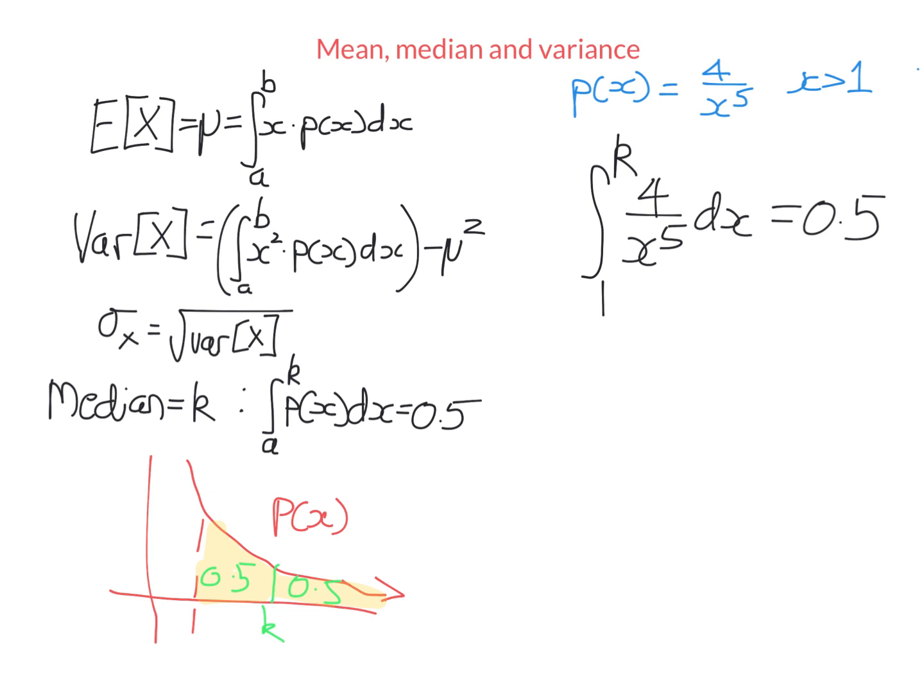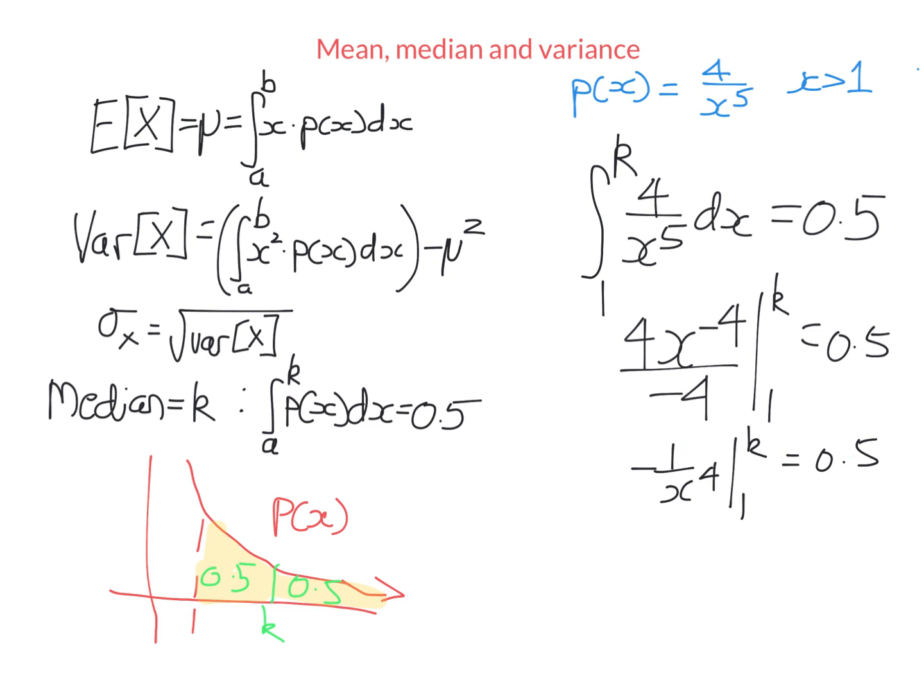So to integrate that, we increase the power by 1, leave the 4 alone, but divide by the new power. So that's between 1 and k, and that just simplifies to negative 1 over x to the power of 4. So we want this integral here to be 0.5. So if we substitute k for x, we're just going to get -1 on k to the power of 4.